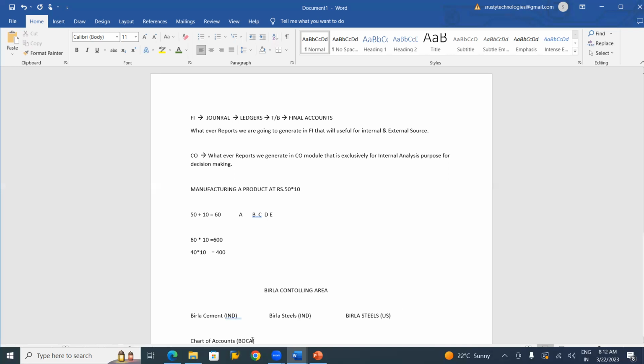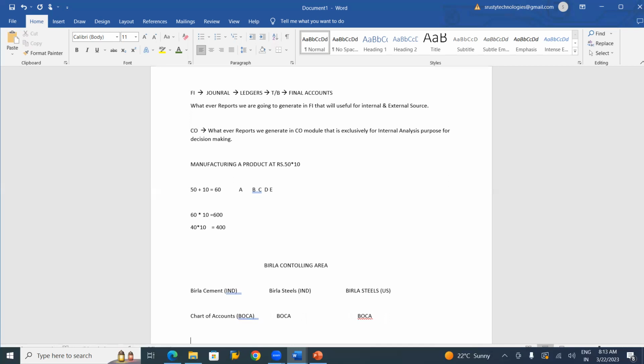The same BOCA I am using for the Indian cement company, for the Indian steels company code, and also for Steels in the US. So to use a common controlling area for all three member company codes, first of all, the chart of accounts must be the same.